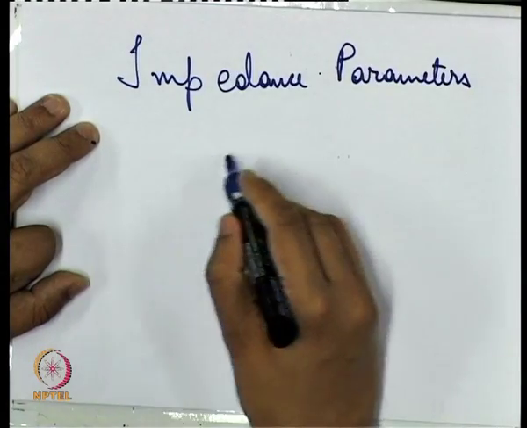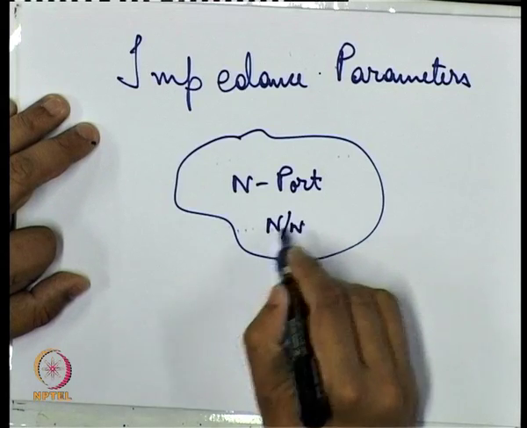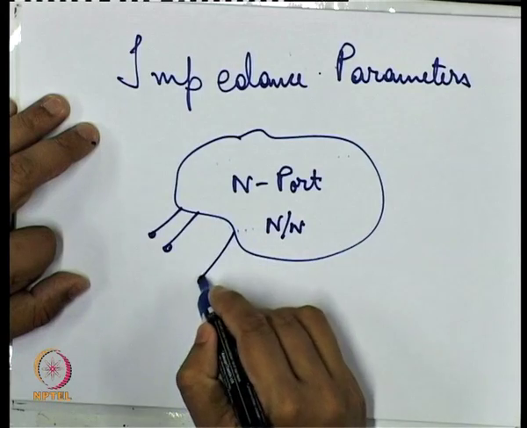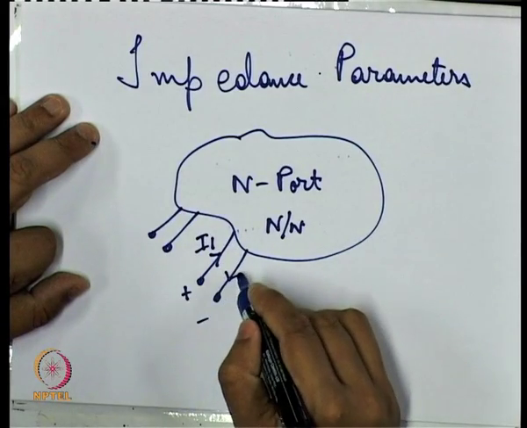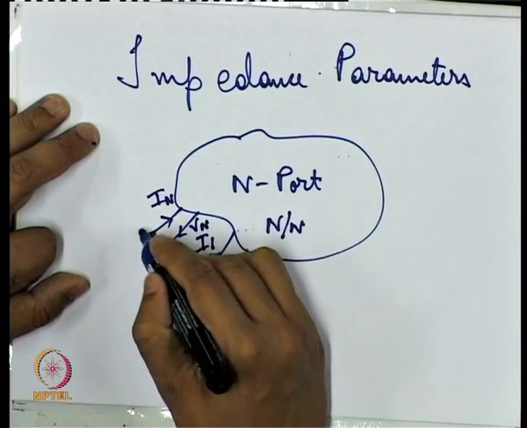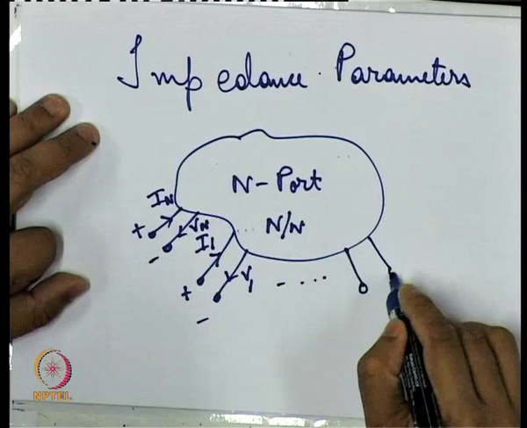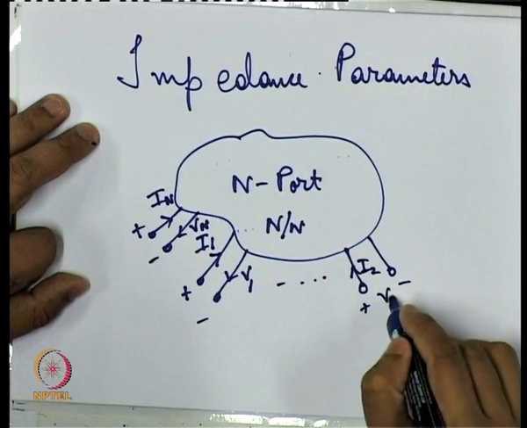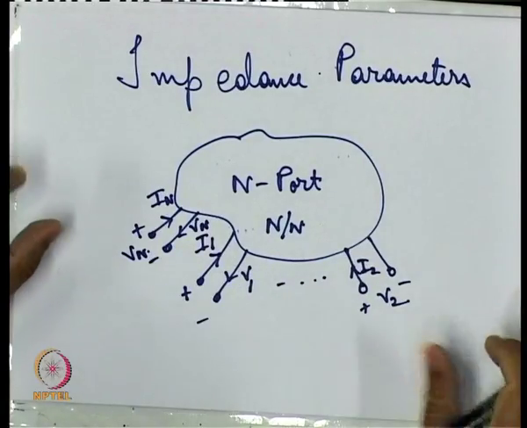If we have an N-port network with various ports as shown, then the matrix that relates all these voltages and currents to each other is called the impedance matrix.